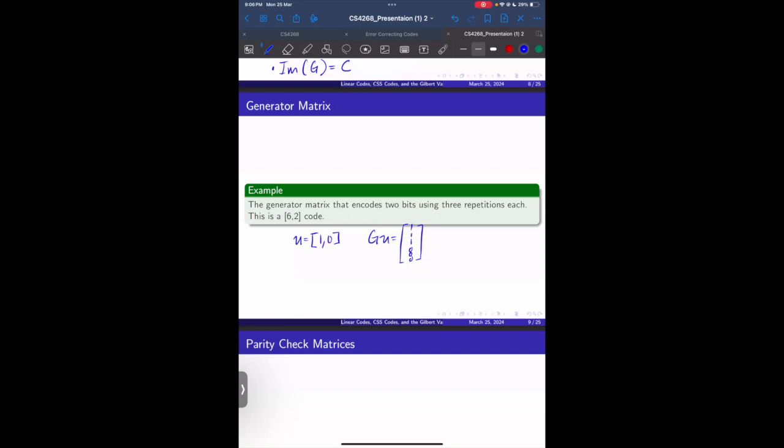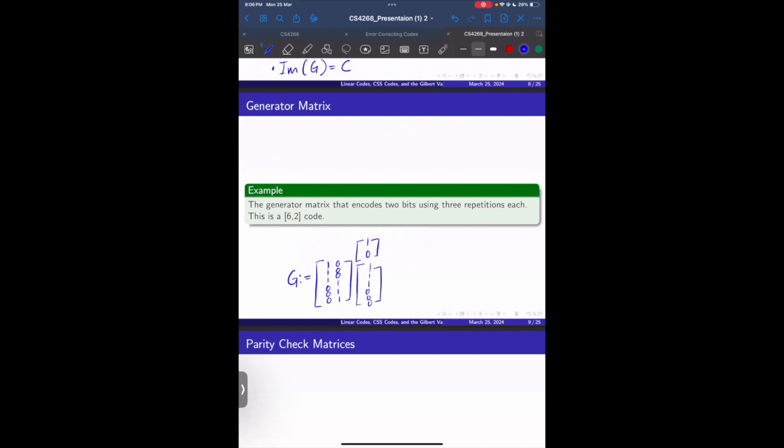So what would the generator matrix here be? It's quite simple. You just do something like this: 1 1 1 0 0 0 0 0 0 1 1 1. So you can see when you multiply any vector with it, like let's say 1 0, excuse me for multiplying it this way, you will get 1 1 1 0 0 0.